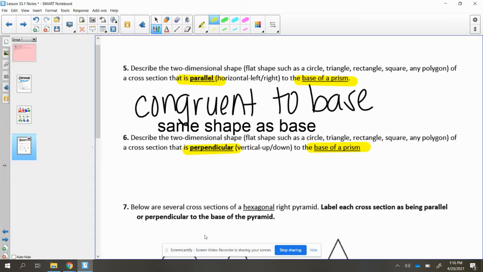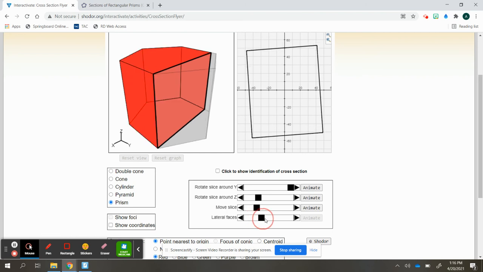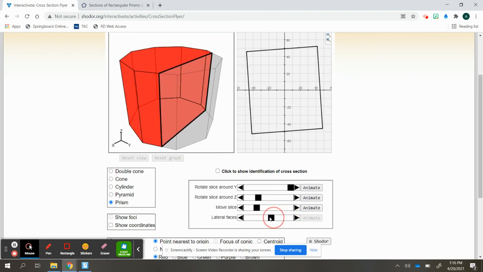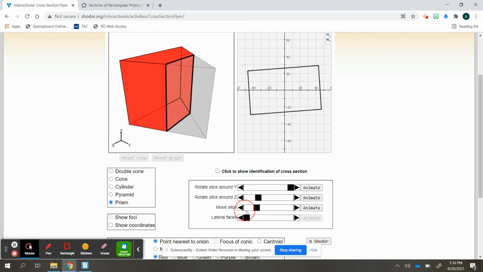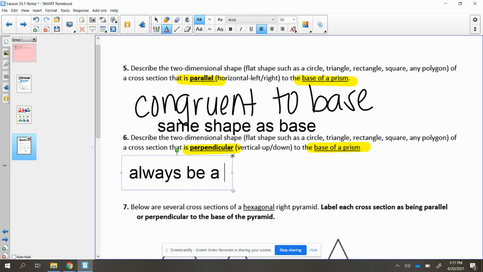This goes for all of them, whether it's got 5 sides or 6 sides. No matter how many sides, it's always that rectangular shape when it's perpendicular. So on this one it is always going to be a rectangle, no matter what.